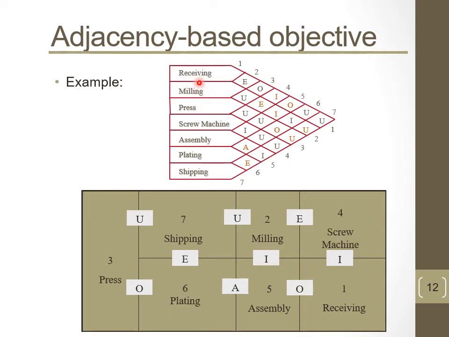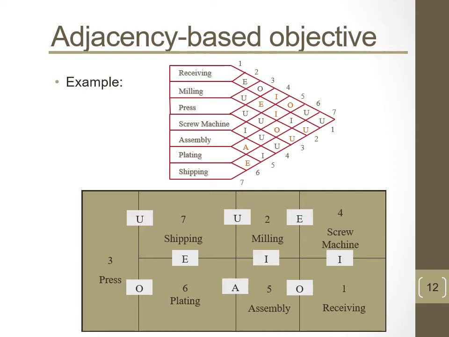Again, between milling and, let's say, assembly, you need to look at the intersection of these two, which is I. There is an important relationship. Using these relationships, assume that we are given this layout. Now we will calculate the adjacency-based scoring.